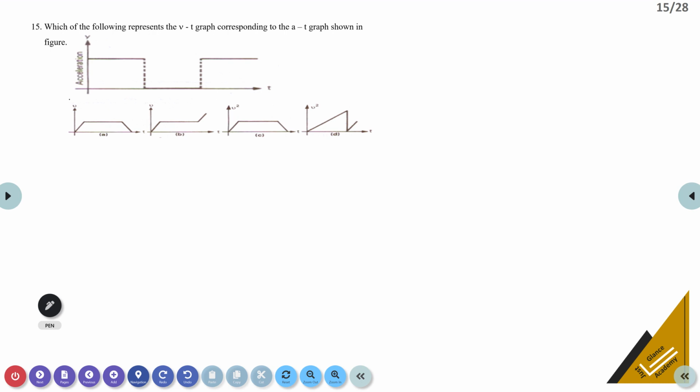15th. Which of the following represents the VT graph corresponding to the AT graph shown? Okay, fine. Students, you see, from here to here, acceleration is constant. Acceleration constant means the VT graph is like this. Slope of the VT graph represents acceleration, I told you that.